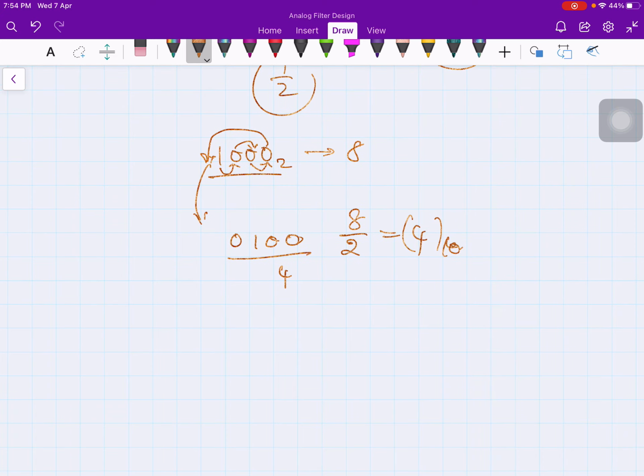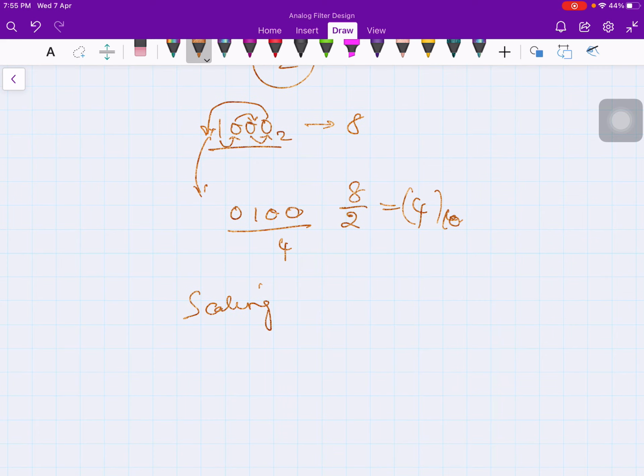Whenever the dynamic range is exceeded, you scale it, and the overall transfer function is realized, not the original transfer function, but to within a multiplying constant. So scaling is also an important consideration. One might ask, why not do the scaling at the input itself?